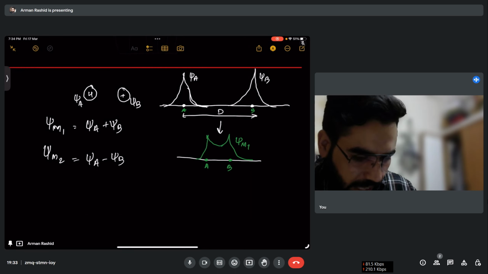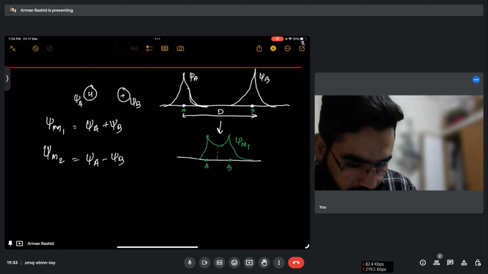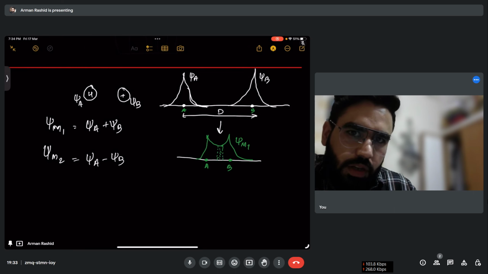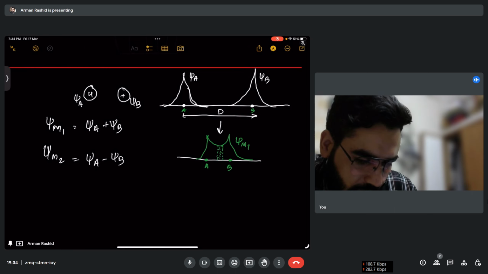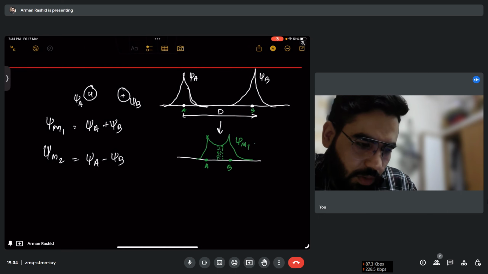If you see in this direction, it has a finite electron density in between nuclei A and nuclei B. As a result, this finite electron density attracts this nucleus and this nucleus. Because of this, the hydrogen molecule is stable, and this is called a bonding molecular orbital.